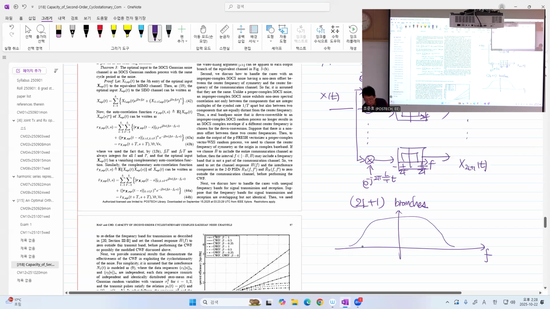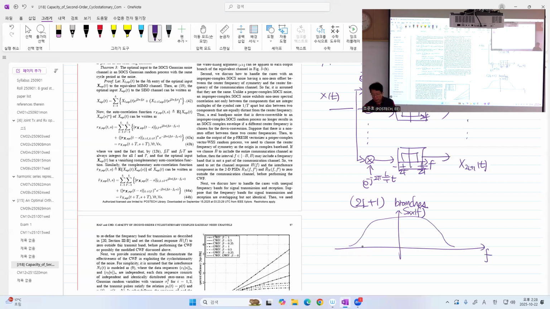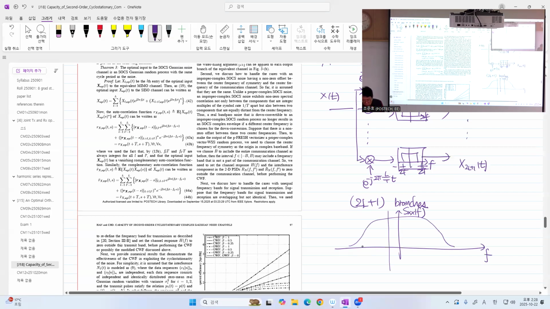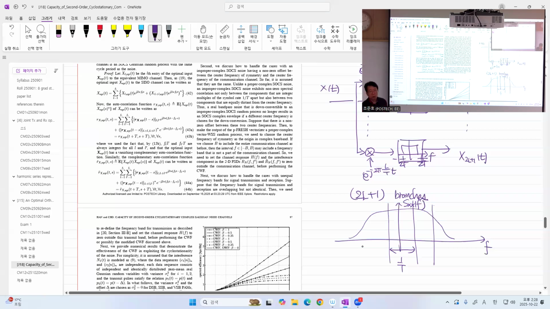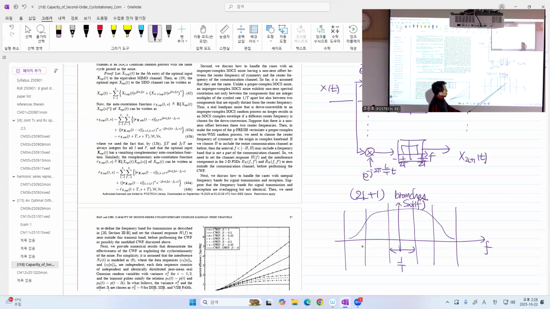So suppose this is the power spectral density of the input random process X of t. Then what do we do? We first choose the first Nyquist zone of length 1 over T, and then we add two more Nyquist zones, two more, two more, until we cover all the spectrum having non-zero power of the input.